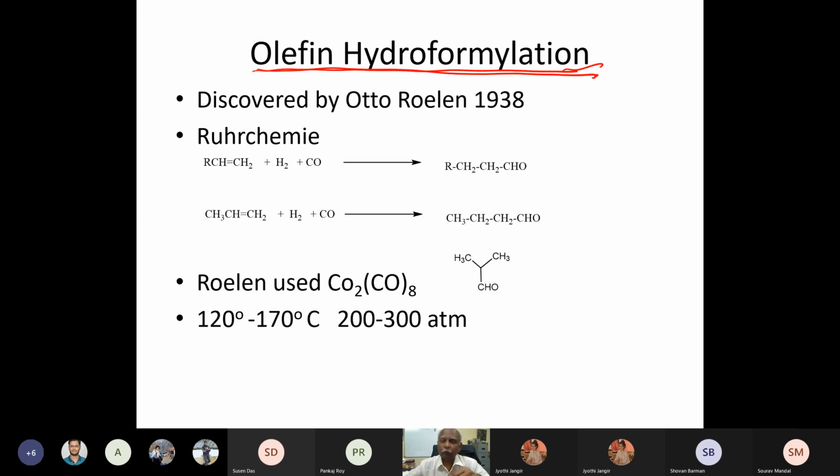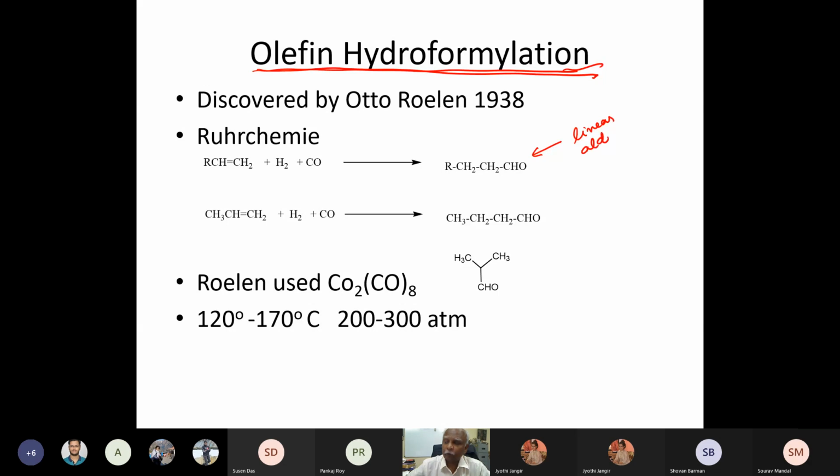So here I have on the slide an alkene plus hydrogen plus carbon monoxide. Notice that we could have multiple types of reactions from this, but what we want to accomplish is the addition of hydrogen and carbon monoxide in order to generate the linear aldehyde.